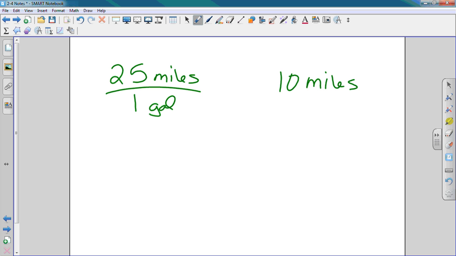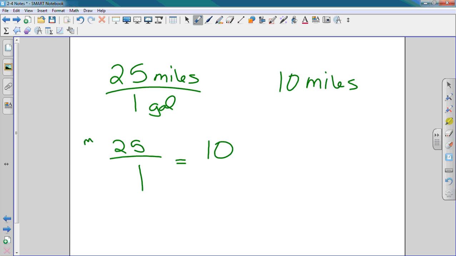How much money does Daniel pay a week just to drive to school? Too much. Well, let's figure it out using proportions. First, I have to figure out how many gallons of gas he uses to drive to school, then how much gas costs. He gets 25 miles for 1 gallon, and he drives 10 miles.